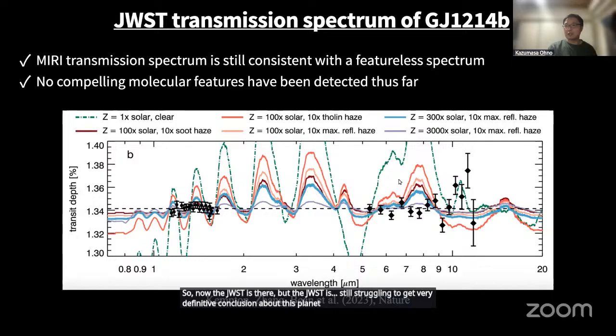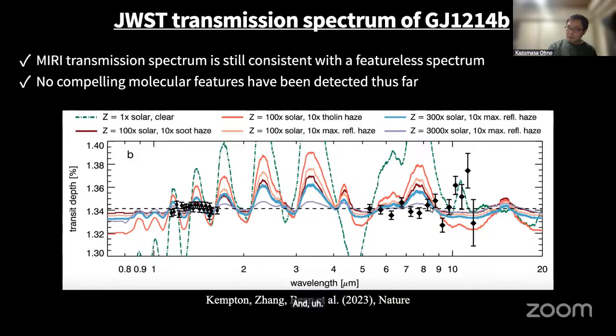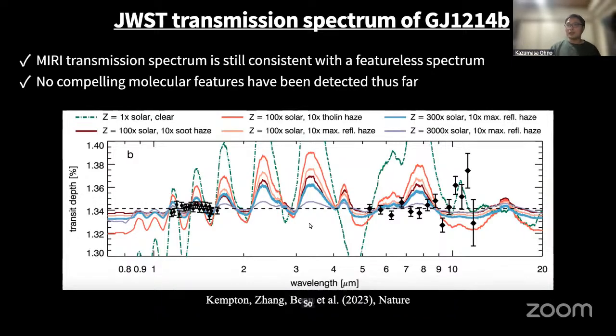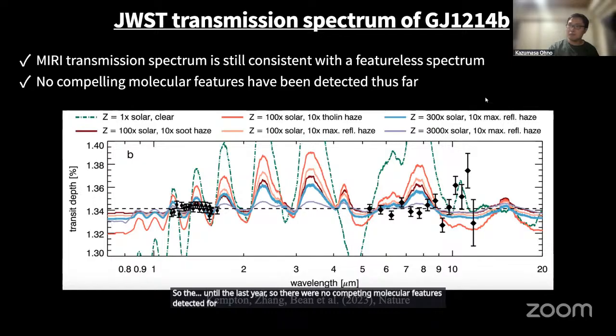This figure shows the transmission spectrum observed by JWST MIRI, and they found that the JWST MIRI spectrum is still consistent with a flat line. We might see some kind of bump around here, but basically to explain the overall spectrum, the flat line is still the best solution. Until last year, there were no competing molecular features detected for this planet.